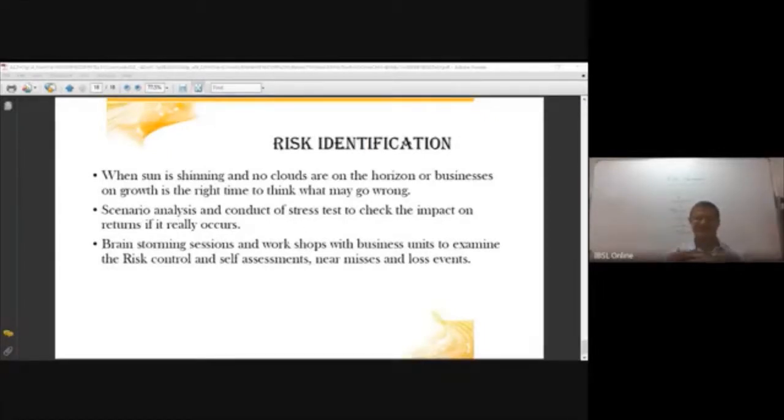Especially those who are in business need to take risk. When you take that risk, there is a chance that you will get positive or negative results. We always expect positive results, but if the risk factor is higher, that could turn into a negative, and negative means we will have losses.